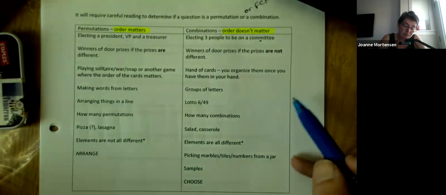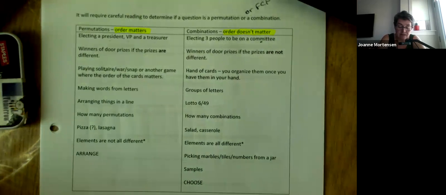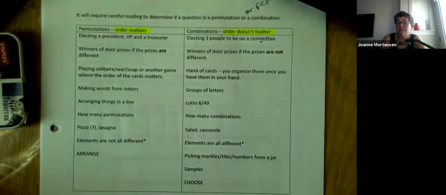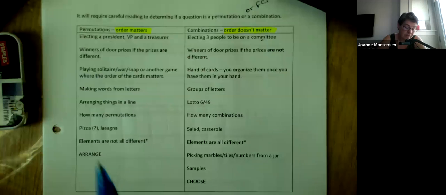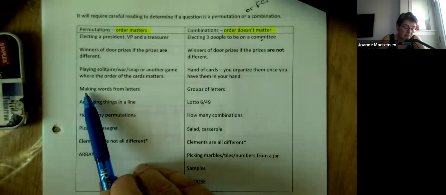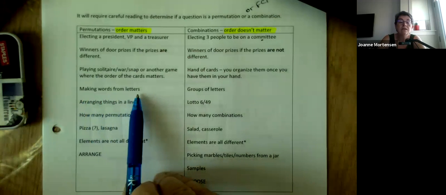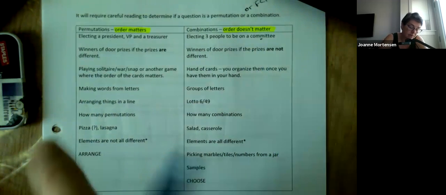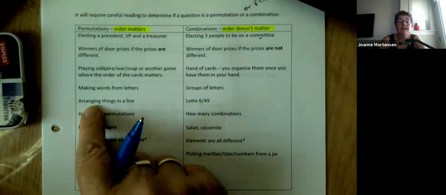Whereas most card games like poker and euchre and hearts and crazy eights or Uno, you can just organize them in your hand, so it doesn't matter which card you get first. If you're talking about making words from letters, that's arrangements. If arranging is there, then you are looking at permutations.